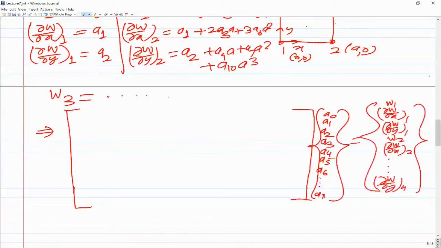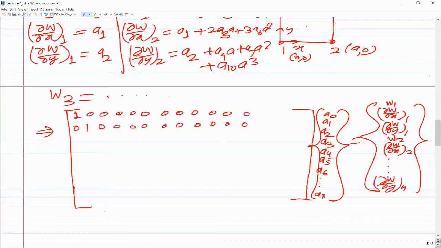So you will have this kind of a relationship. If you see, W1 is nothing but A naught, so there we will have a 1 and then 0, 0, 0, 0, 0. So these are 11 zeros: 1, 2, 3, 4, 5, 6, 7, 8, 9, 10, 11. And then del W by del X at 1 is A1, so you can write 0, 1 and then these zeros.